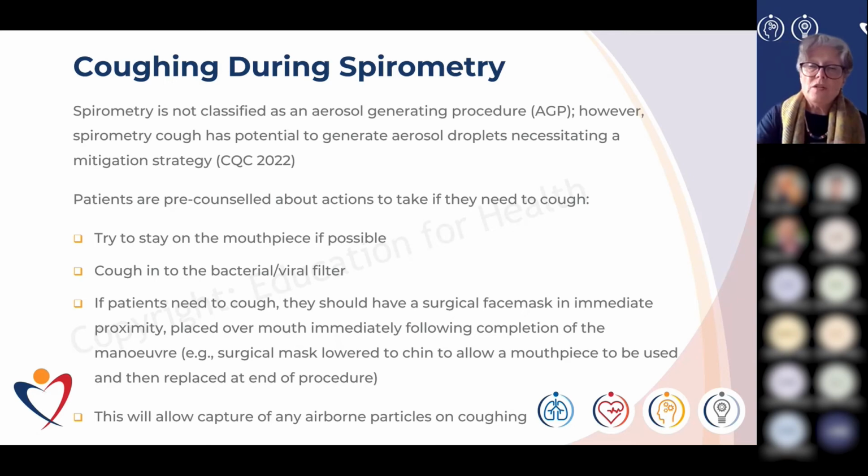So if you just do 1 to 2 seconds of the forced blow, you've got your FEV1, and before you would have done any forced blows, you would have done a minimum of 3 relaxed blows, and then you've got your capacity as well, and that's the way that you can work out your ratio. So that's something that you might want to consider.